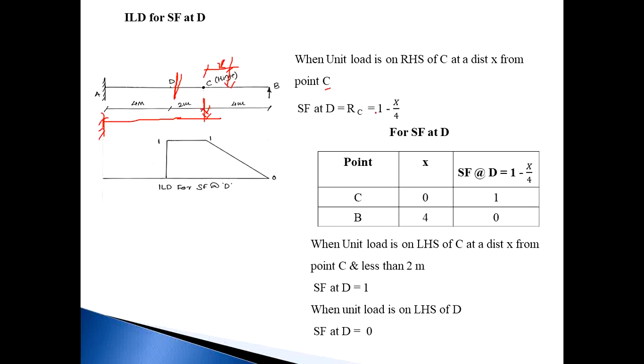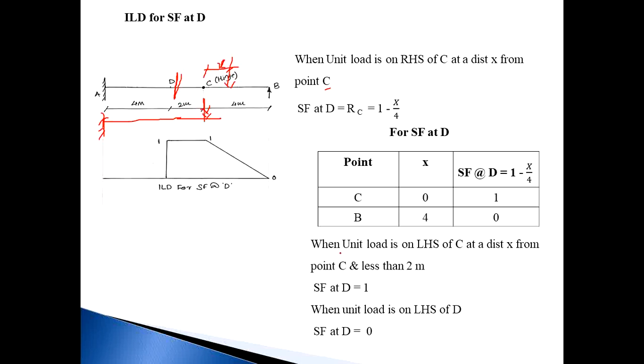So RC becomes 1 minus x by 4. x by 4 is nothing but RB, that is RC is equal to 1 minus RB, already seen in the first condition. So at point C, x is equal to 0, SF at D is equal to 1. Then x is equal to 4, SF at D is equal to 0.